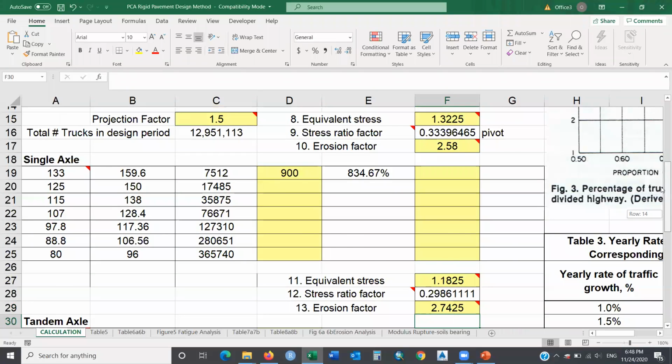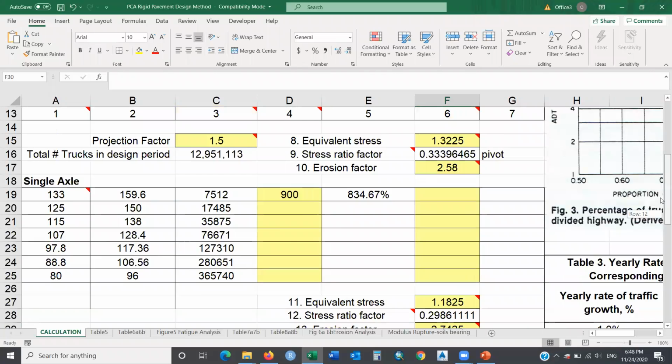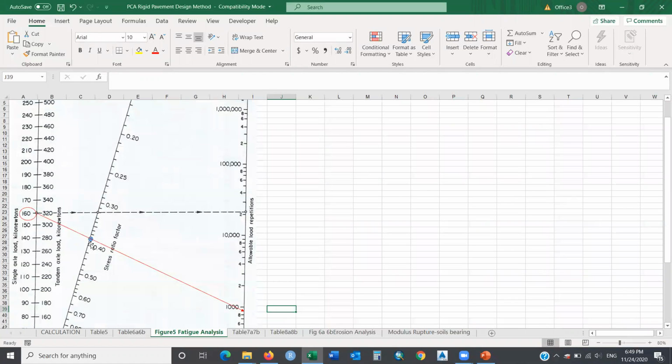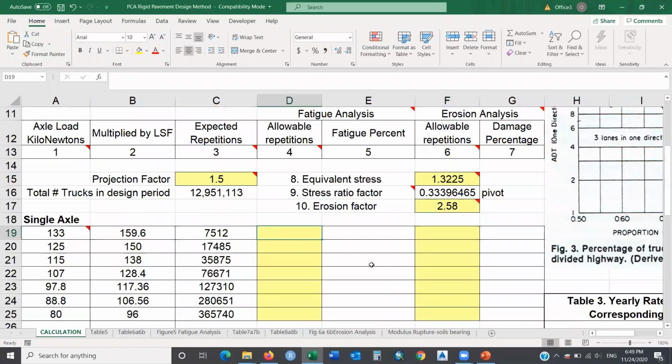And now we go back again with 0.334 as pivot. This is 0.3, 31, 32, 33. So 0.334.